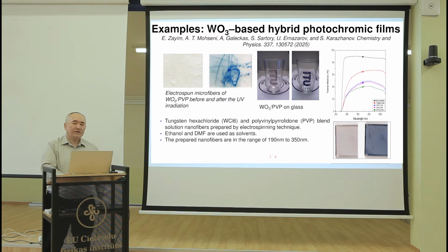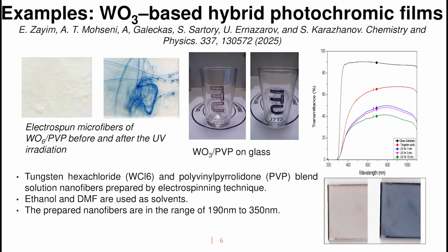And now some examples of photochromism. One of the well-known examples is tungsten oxide-based hybrid photochromic films, or molybdenum oxide-based ones. These tungsten oxide-based thin films also exhibit photochromism. Why then do we need hybrid films?